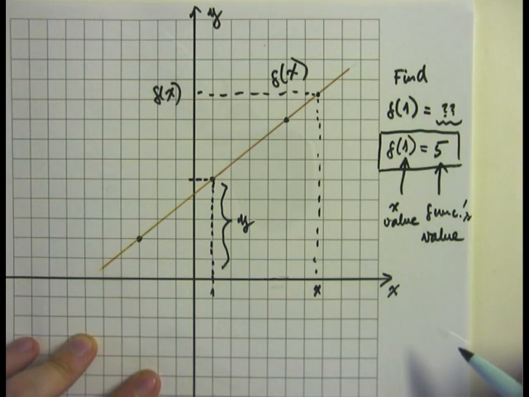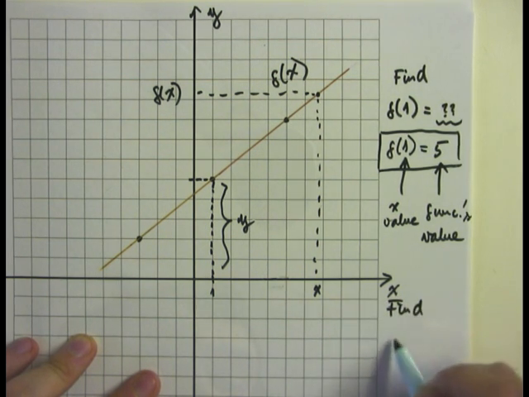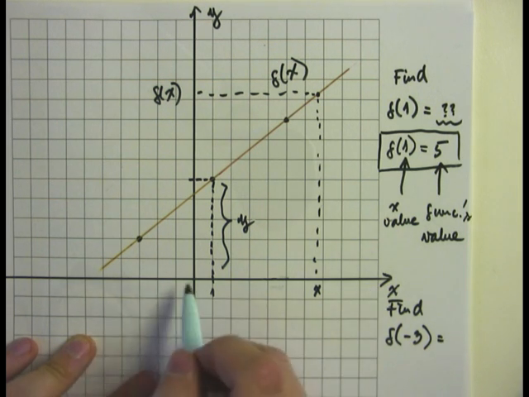Okay, so now a similar question. I can ask again, how about f at x equals -3? Find the function's value at x equals -3. When you're looking at that notation, on the x-axis, where is -3?